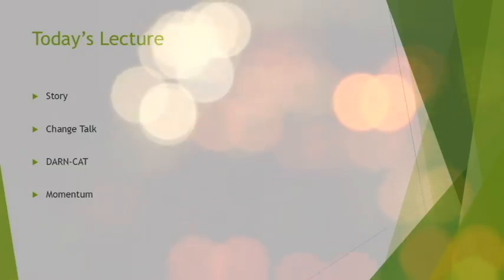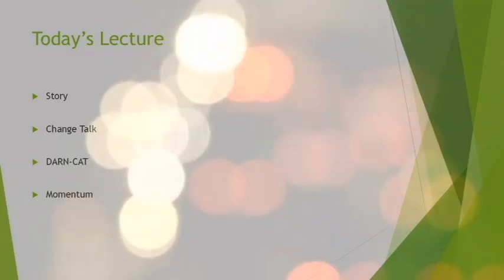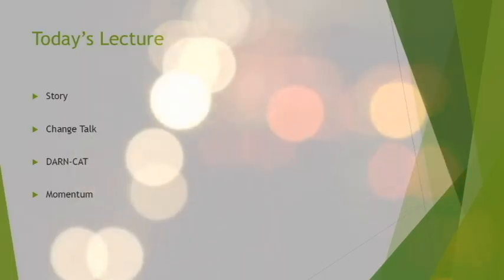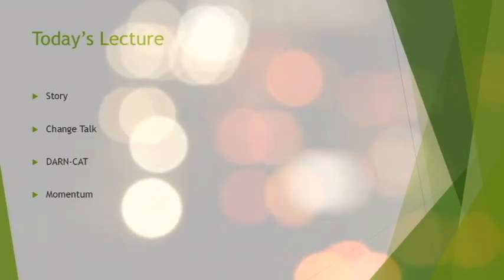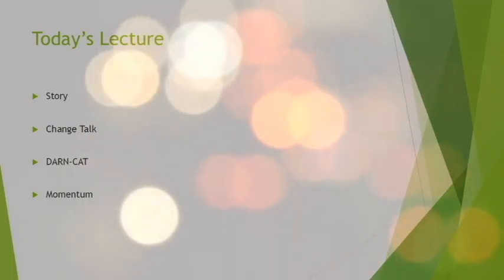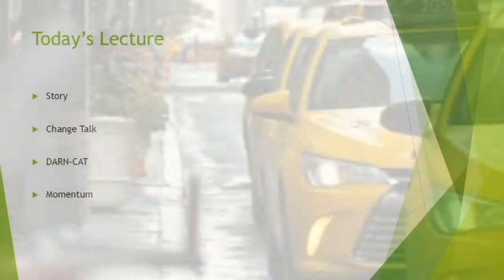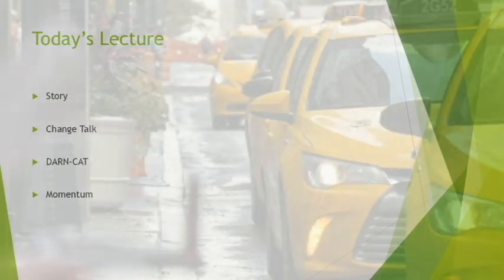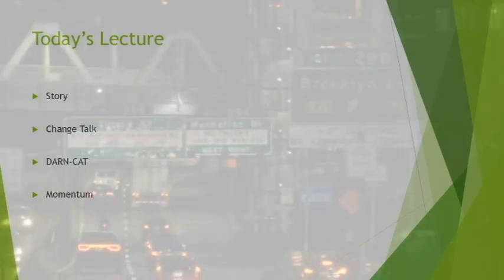So today we'll learn how to recognize that change talk, how to evoke that change talk, and respond to that change talk effectively. As always, within my lectures, I'd like to start off with a little story. And then the three main themes that we'll be exploring are, first off, I want to understand the nature and function of change talk.